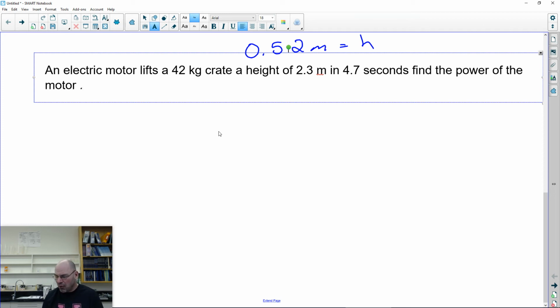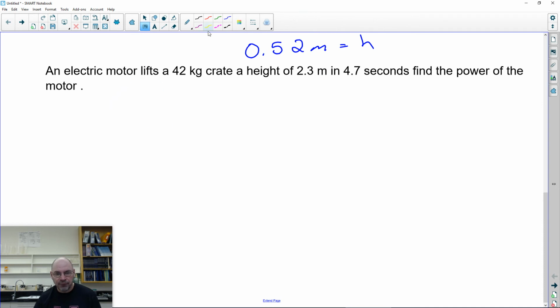Okay, so with power you're using a couple equations here. Power is equal to energy over change in time, or just time if you like, it doesn't matter. So this energy that we're talking about, since we're lifting a crate, is going to be gravitational potential energy.